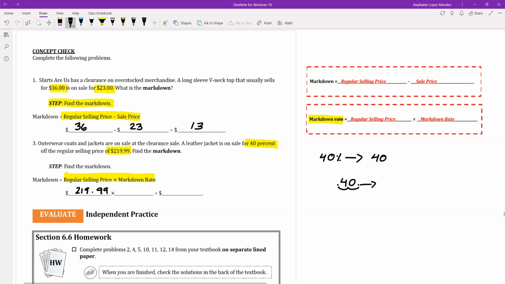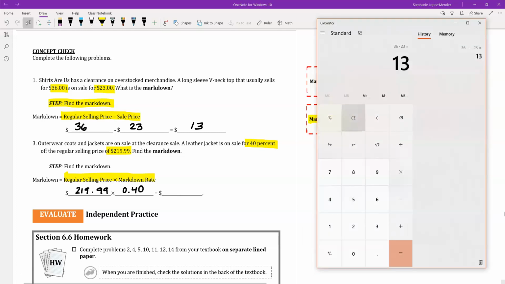Now 40 is a number below 100. That means I need a 0 before the point, and now I'm adding the 40. So I write down 0.40 as my markdown rate.